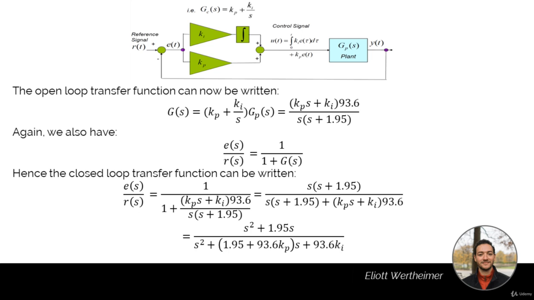Again, we also have the transfer function that relates the error E(s) to the reference input R(s), and this transfer function is 1 over 1 plus G(s). Remember, this is very important, and it is called the closed loop transfer function. In this case, we can plug in all the numbers, and we eventually get that E(s) over R(s) is equal to s squared plus 1.95s divided by s squared plus (1.95 plus 93.6 Kp) multiplied by s plus 93.6 Ki.